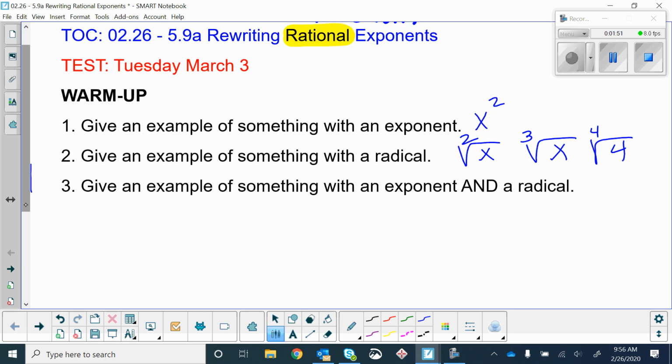And then an example of something with an exponent and a radical. This is the key to what we're talking about today.